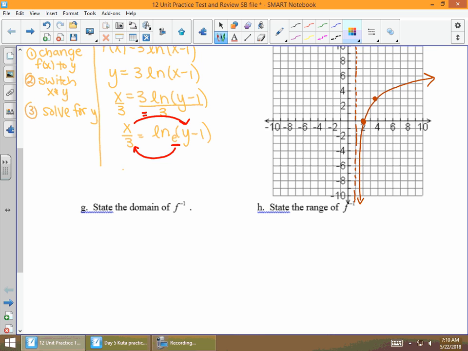So this is how you rewrite that. And then you can just add your 1 over. And that is your inverse.